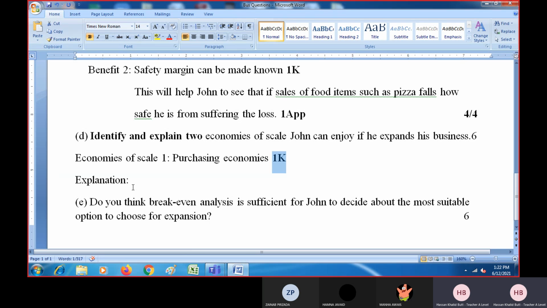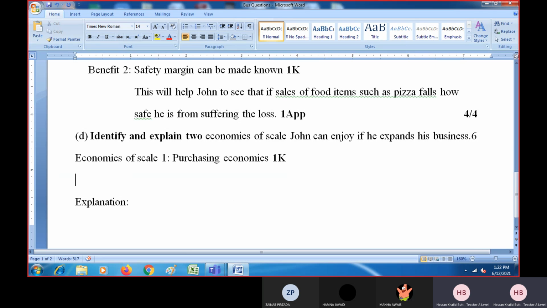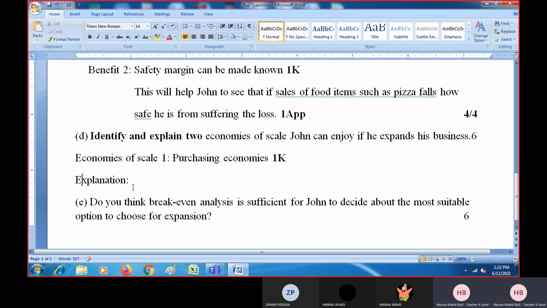But here we are not there to only define it. We are there to develop our point along with the application. So now let's see how we are able to do it. Explanation. First, I'm going to start and then maybe you will do it for the next economy of scale. Let me do it for you.